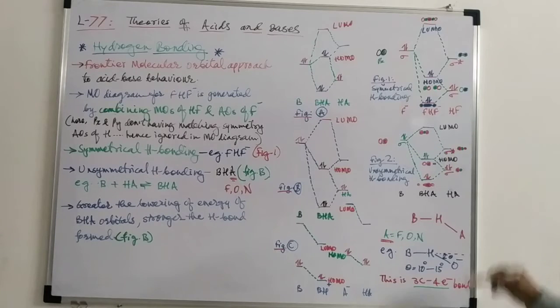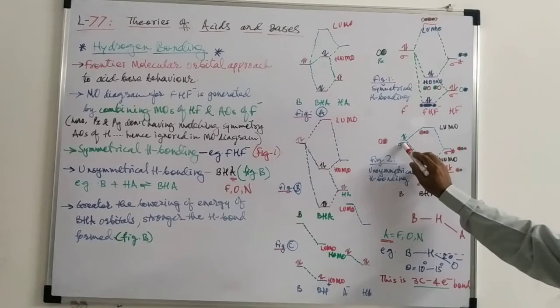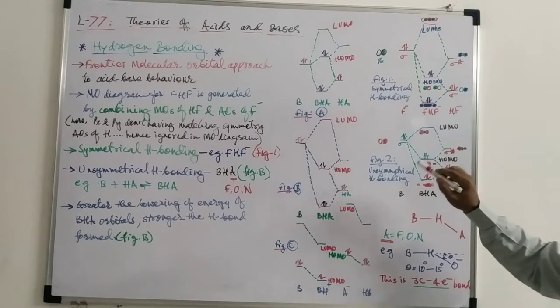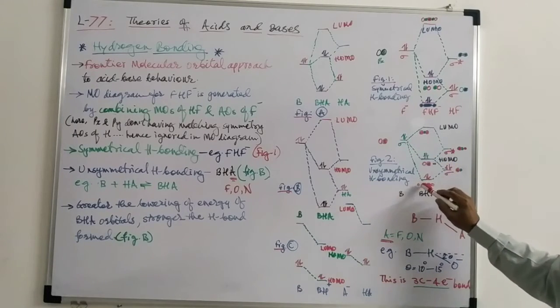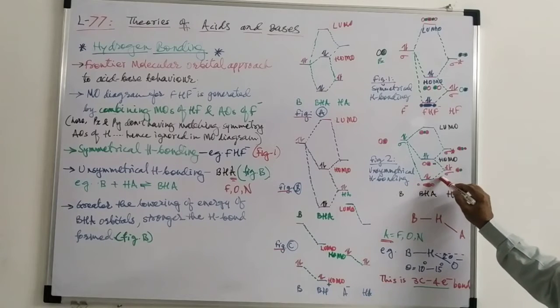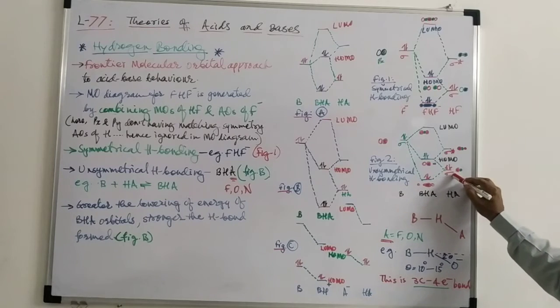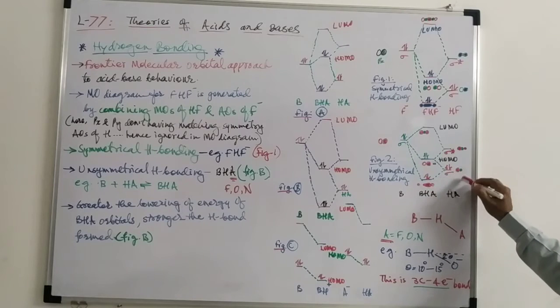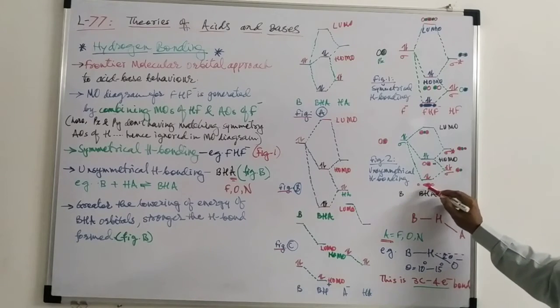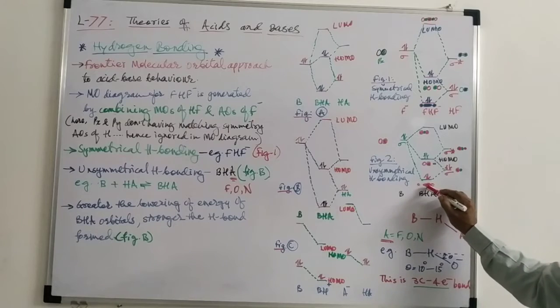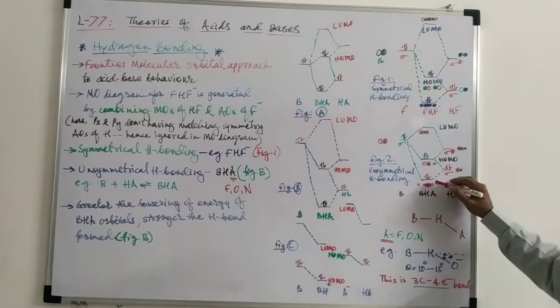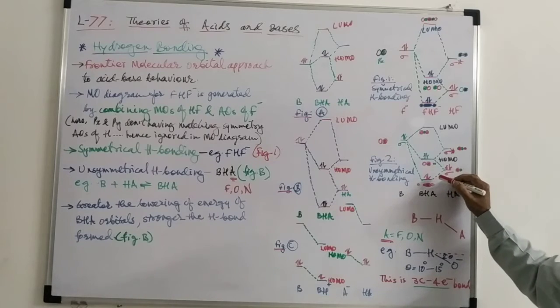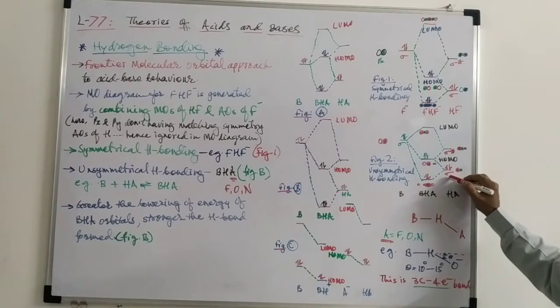When they undergo linear combination, this sigma type atomic orbital will combine with the bonding molecular orbital of HA, and they will show this type of electron distribution, or we can say the orientation of electron clouds.